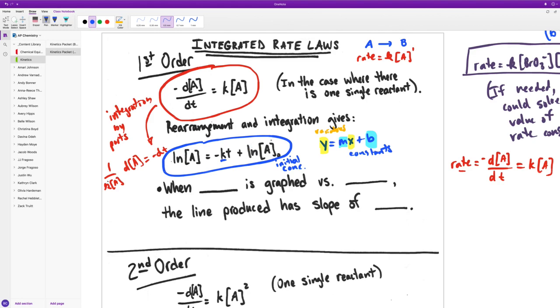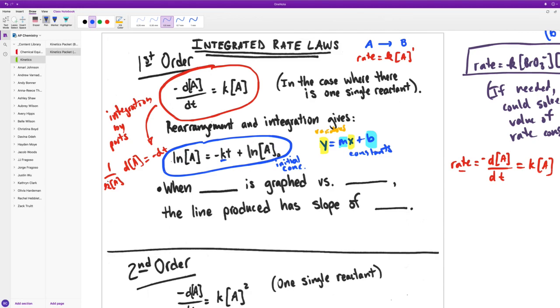It's a constant. It's not going to be changing. In other words, once you start your reaction, you had the initial concentration of whatever A is. Its initial concentration got locked in from the start, and the natural logarithm of that concentration would also be locked in. So that's a constant.